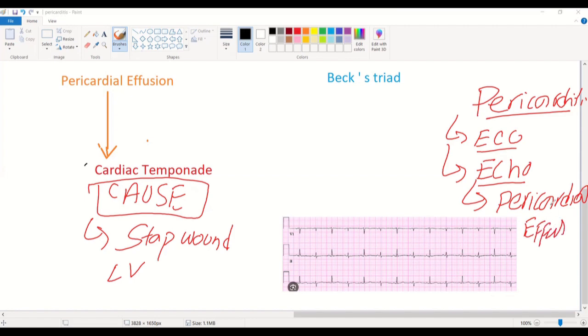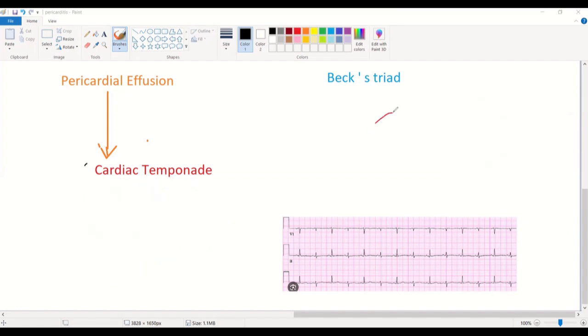Best investigation is echocardiography, right? Okay. So one more high yield thing related to pericarditis is cocaine. Cocaine is also associated with pericarditis.